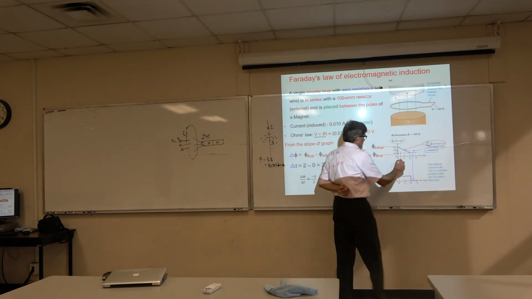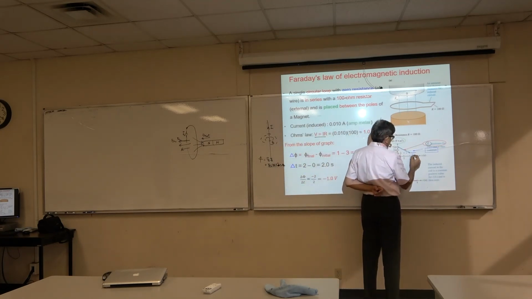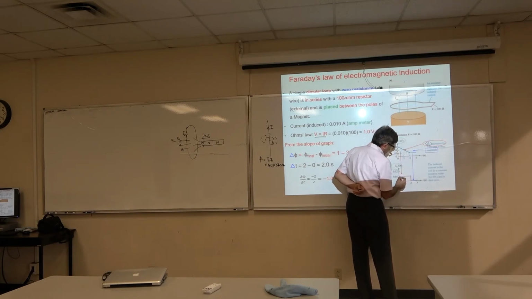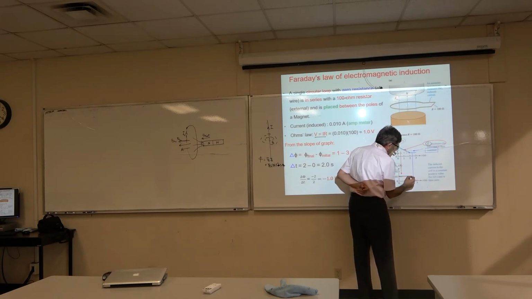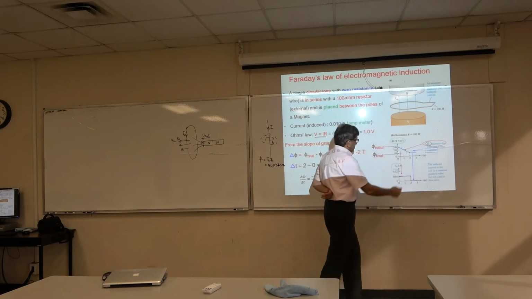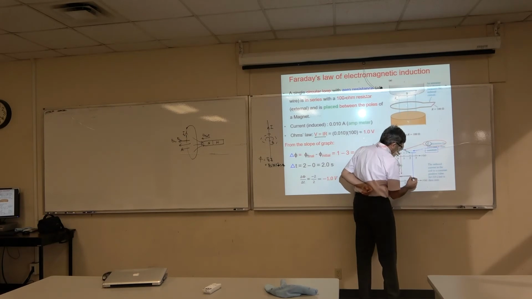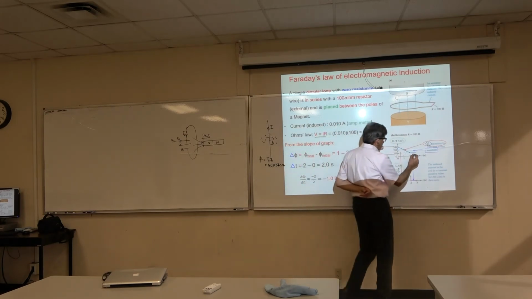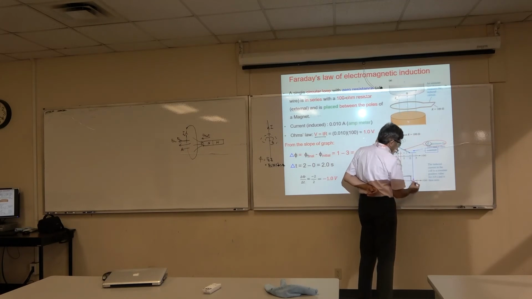And then finally it becomes constant. At this point there is no current. So as the magnetic field is changing, you see there is a current in the circuit, and this current stays constant. When the magnetic field becomes constant, the current will drop immediately. And then, as the magnetic field is constant, there will be no current.